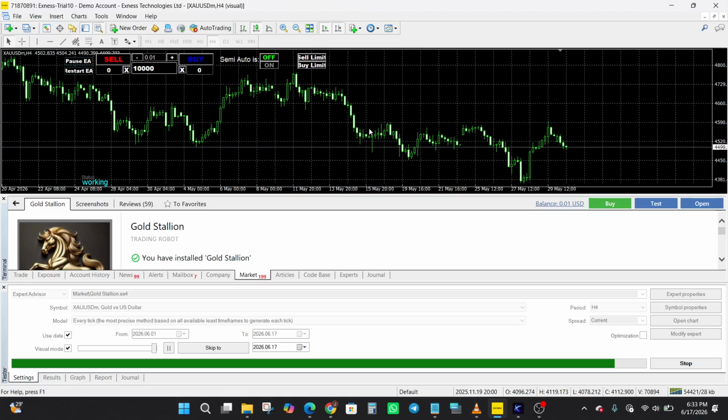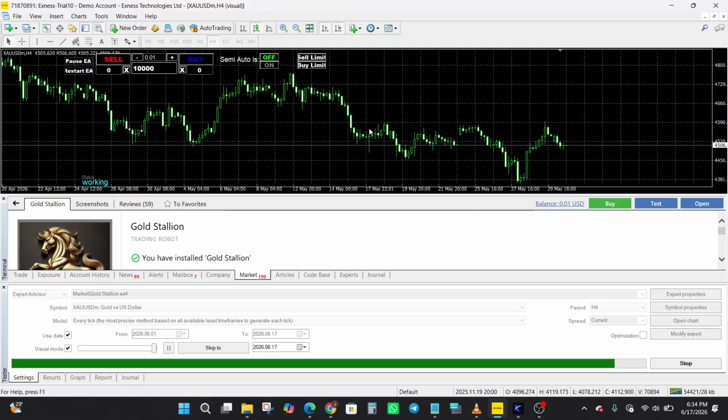But overall, the Gold Stallion EA offers both automated and semi-automated trading functionality for XAUUSD, along with extensive trade management controls and customization options. So, as with any expert advisor, I would strongly recommend conducting your own testing and optimization before considering any live trading application.